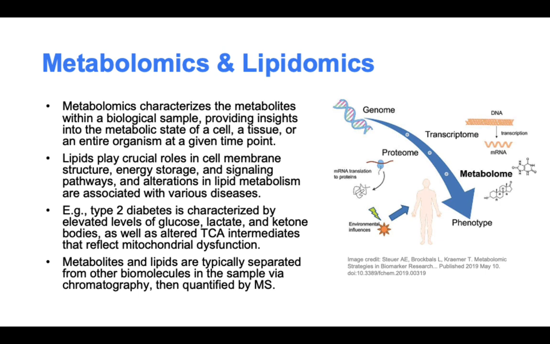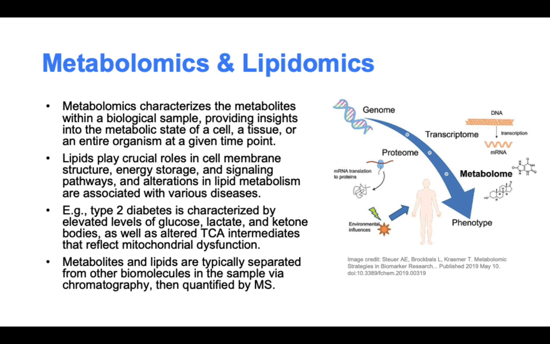So by looking at the metabolites, we can get an idea of those chemical reactions that are happening and the actual function of those proteins. So lipids are especially important because they play such an important role in cell membrane structure and signaling pathways. And a lot of lipid metabolic alterations have been closely linked with different diseases.